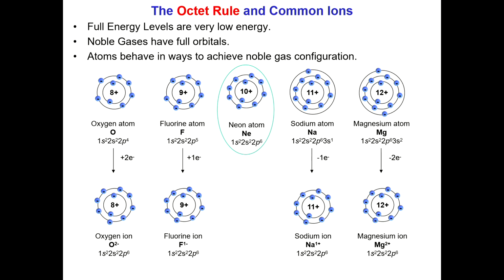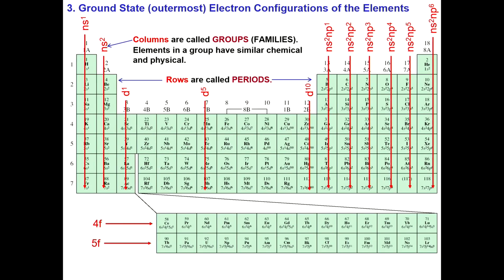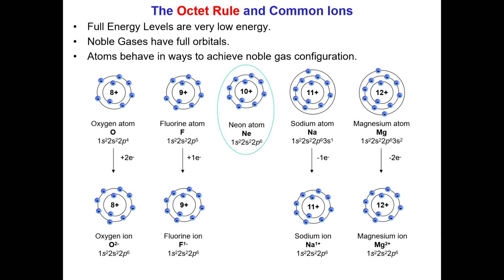So it's called the octet rule. For transition metals, it is more complicated. But for the representative elements, the metals tend to lose electrons, and the nonmetals tend to get electrons to form ns2 np6. So it's called the octet rule.